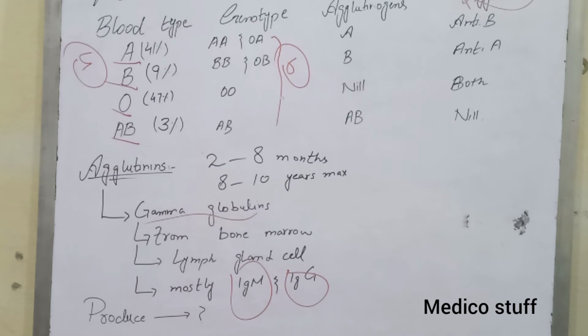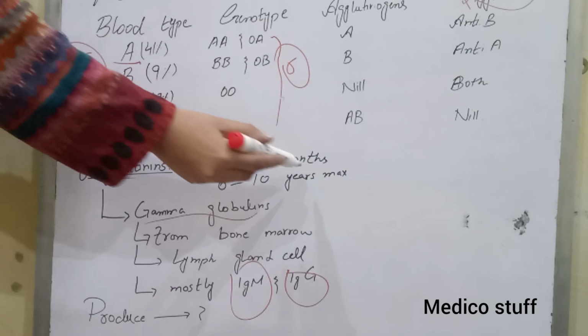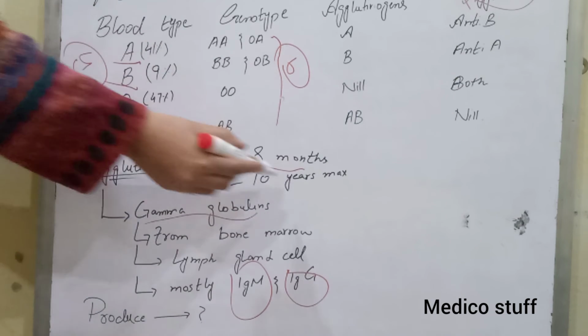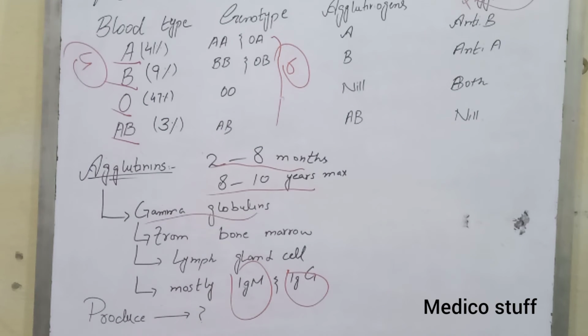After birth, about 2 to 8 months, there is the formation of agglutinins, and this formation progresses to the maximum at 8 to 10 years. So this will lead to the maximum amount of agglutinins at the age of 8 to 10 years, okay.